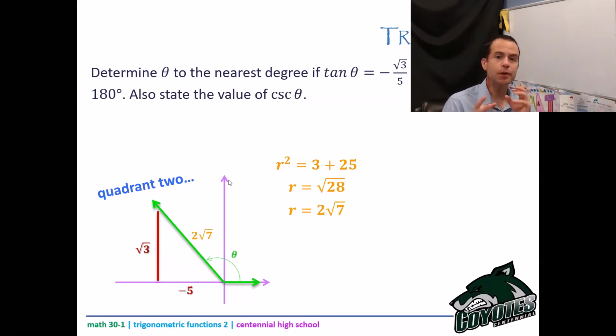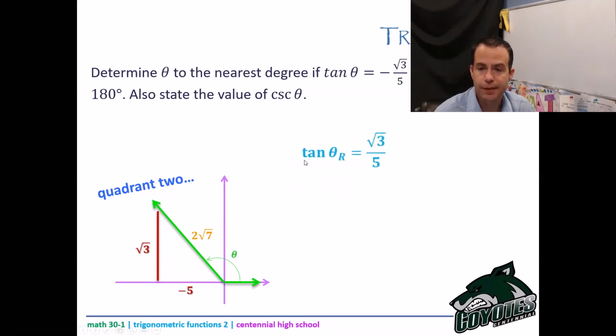If I ignore all negatives, essentially I'm tricking my calculator into thinking I'm in quadrant 1 and it will give me an acute answer, less than 90 degrees. That will always give me the reference angle, and then I can figure out what theta is based on what the reference angle is. So always ignore the negatives when you're trying to find that angle, and then you'll always get the reference angle.